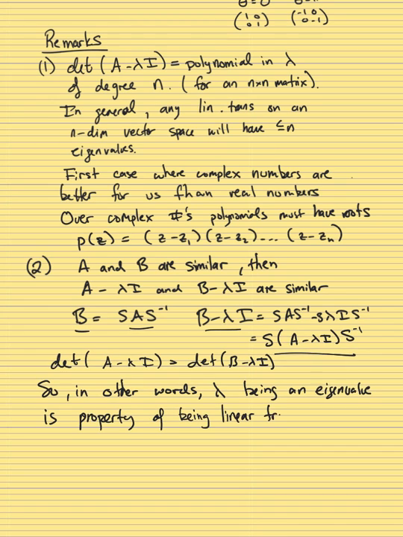Because if I take any two bases and write this linear transformation as a matrix with respect to these two different bases, if lambda is an eigenvalue for one basis, it'll be an eigenvalue for the other basis. So it's really just a linear transformation.